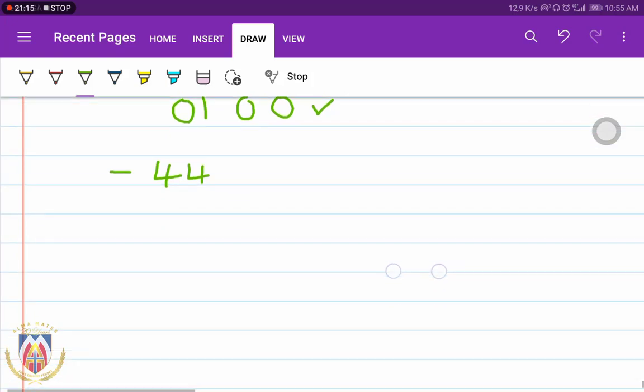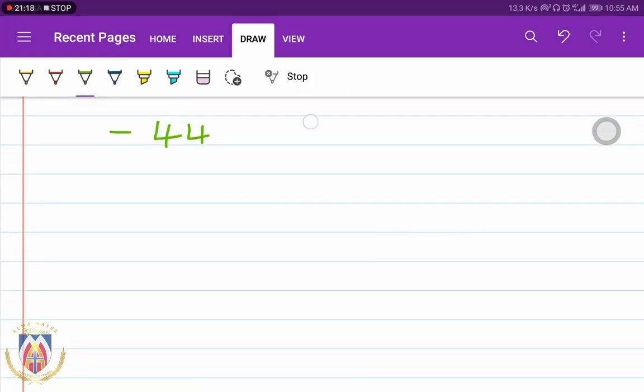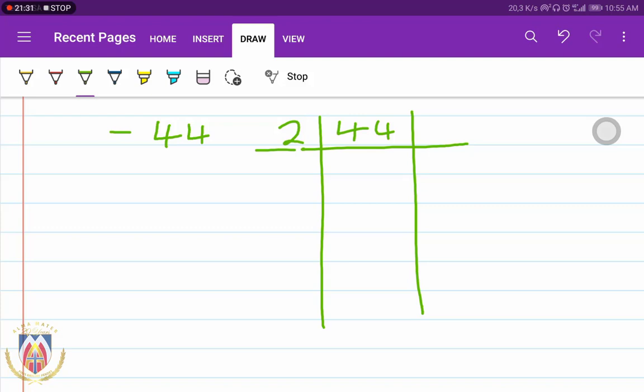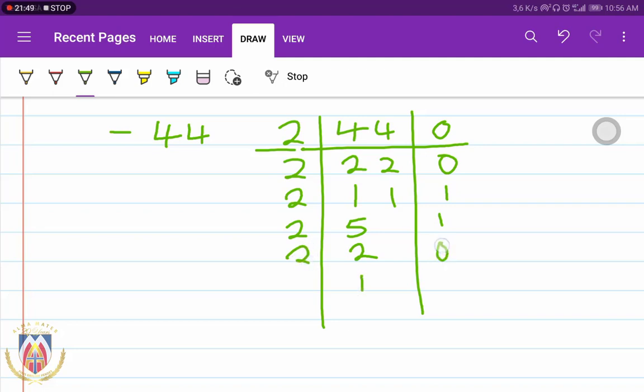First step, let's change positive 44 to binary. 2 into 44, we get 22 remainder 0. 2 into 22, we get 11 remainder 0. 2 into 11, we get 5 remainder 1. 2 into 5, we get 2 remainder 1. 2 into 2, we get 1 remainder 0. 2 into 1, we get 0 remainder 1.